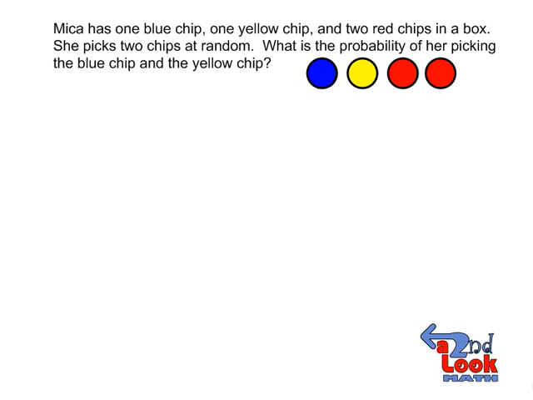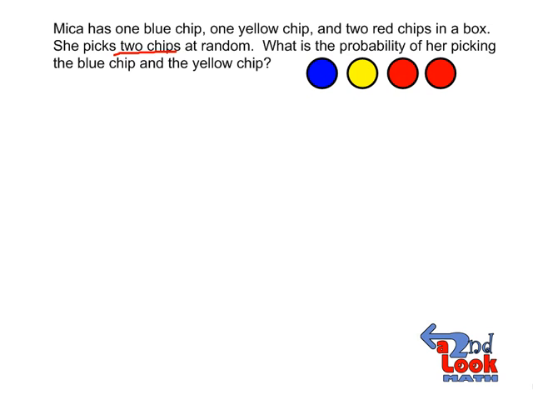She's picking two chips at random. This is telling me that this is not a simple event, but instead a compound event. So it's going to involve two decisions, or two choices, two draws from this box.